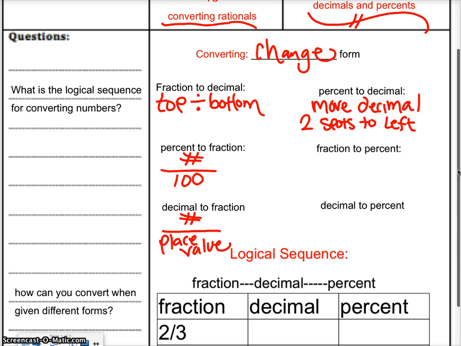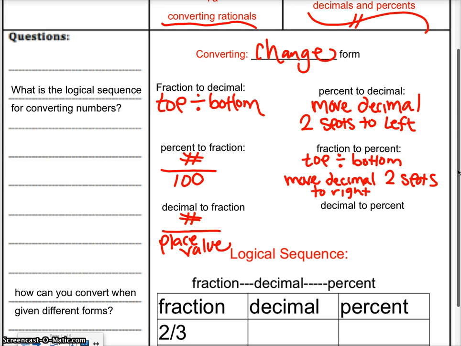If you want to convert from a fraction to a percent, you go top divided by bottom, and then you move the decimal 2 spots to the right. And I use this one all the time when I'm grading your tests.